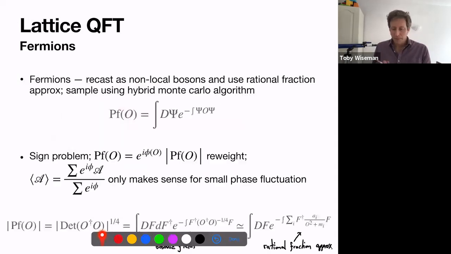So instead of using importance sampling with the correct weight in the partition function, where we correctly have the Pfaffian, we instead do what's called quenching the phase. We can generate configurations with a weight given by the norm of the Pfaffian, so killing the phase. So we write the Pfaffian as some phase times this quenched Pfaffian.